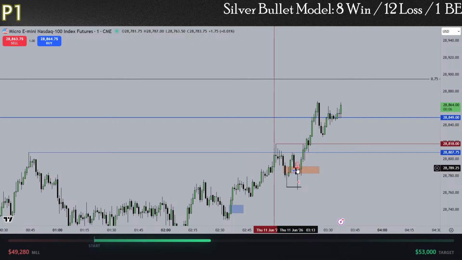But yeah, the main goal is to follow the rules and just execute the model if it's there. If it's not, try to avoid it and repeat that every single day, regardless of the outcome. So indifference is the key characteristic of the series.